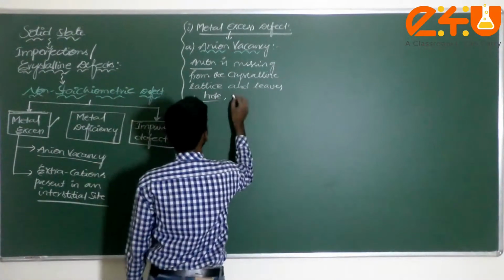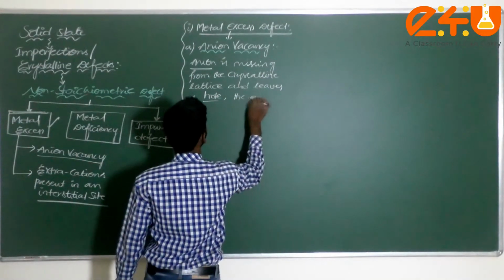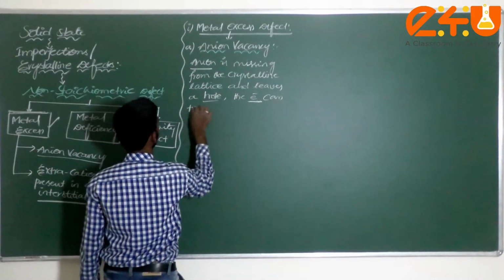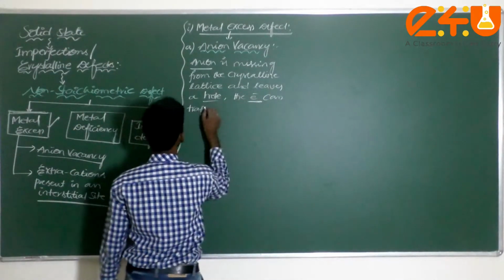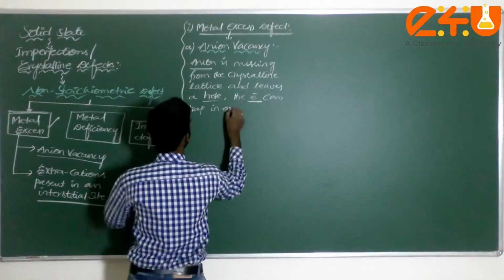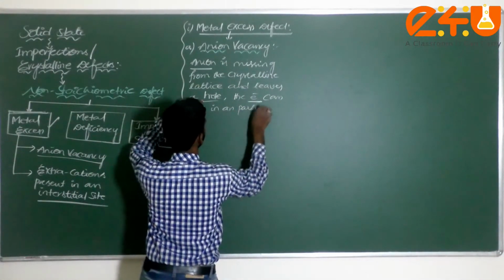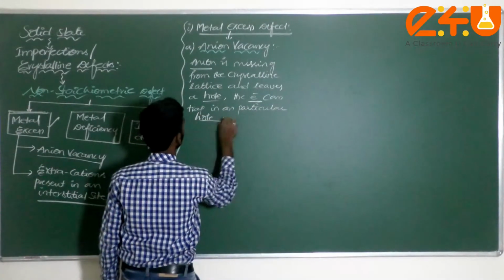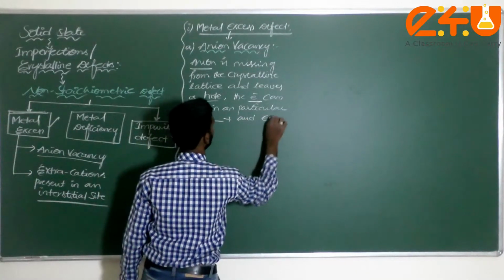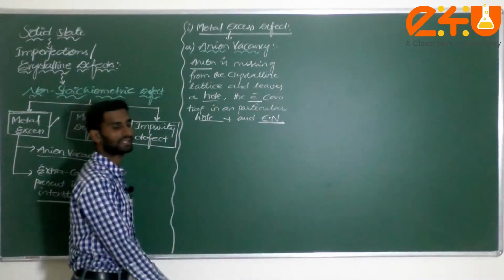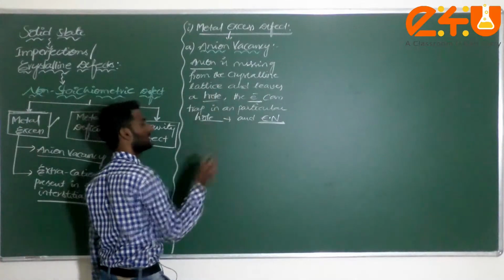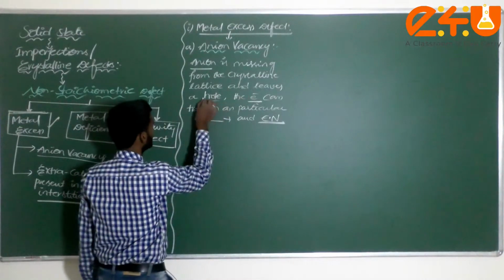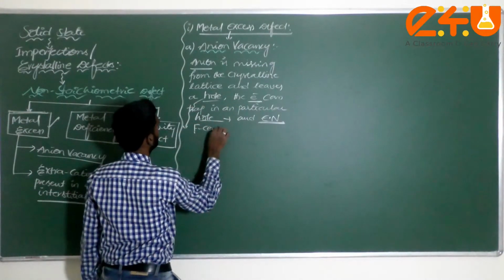In that hole, an electron can drop, and electrical neutrality is maintained. If an electron goes and occupies a particular hole, that is called an F center.